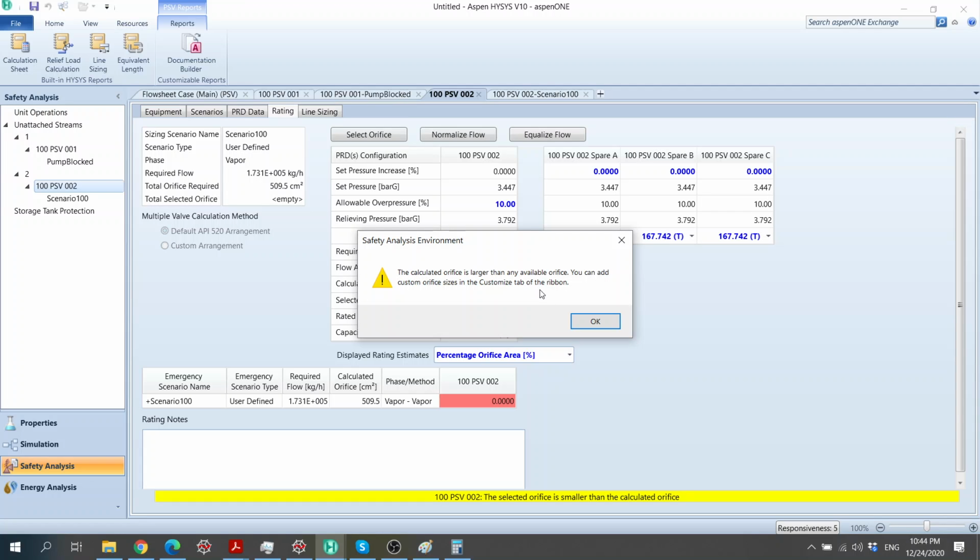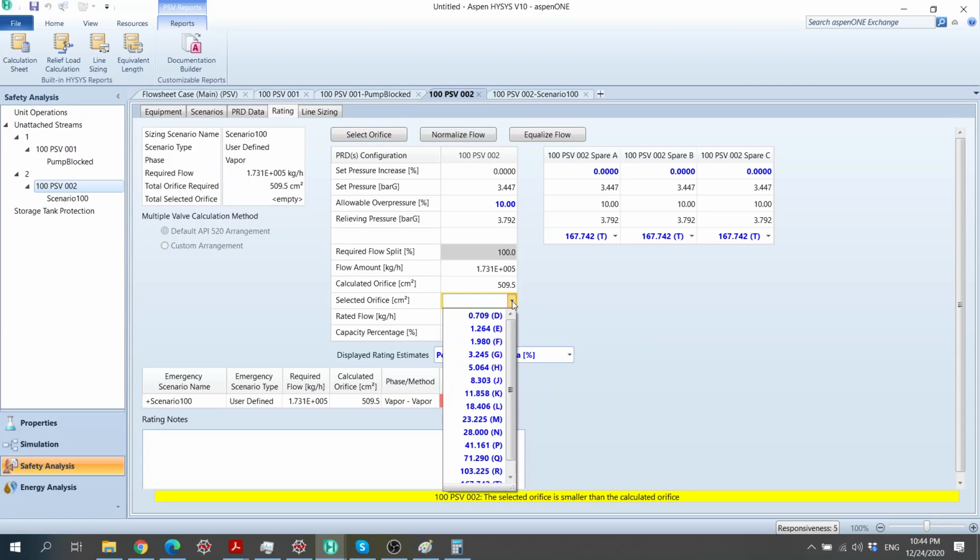In customize type of the ribbon, customize. Oh, custom orifice size. No. Yeah, we know. It doesn't do anything.